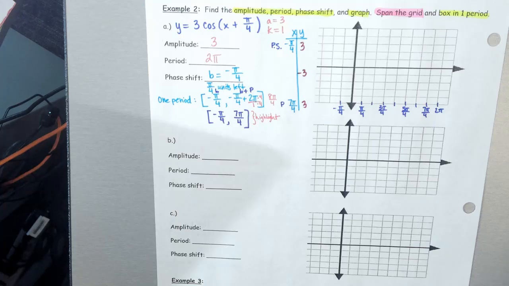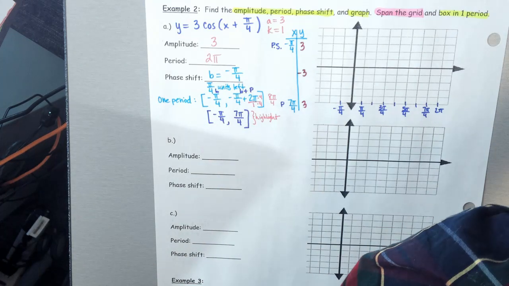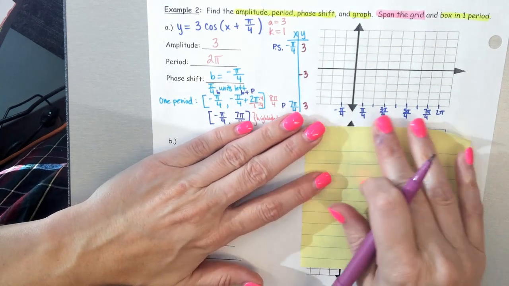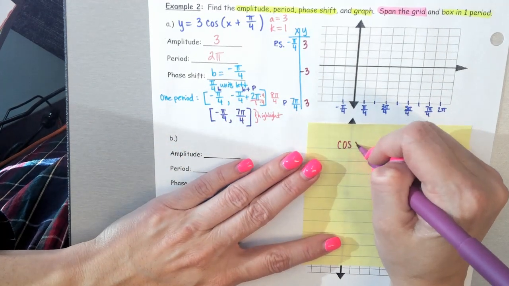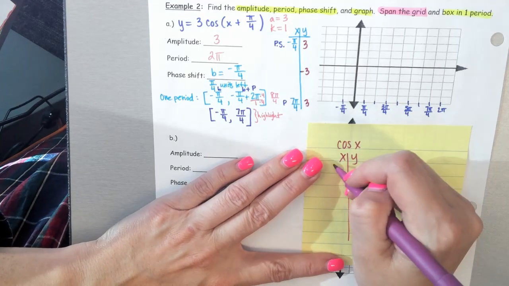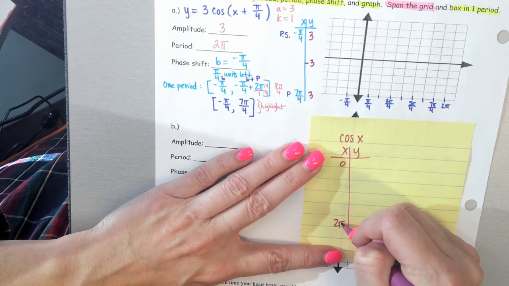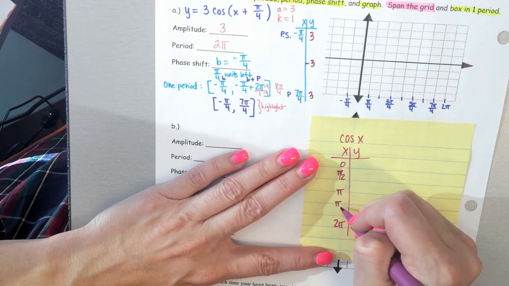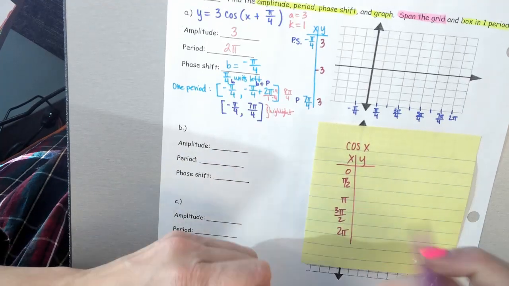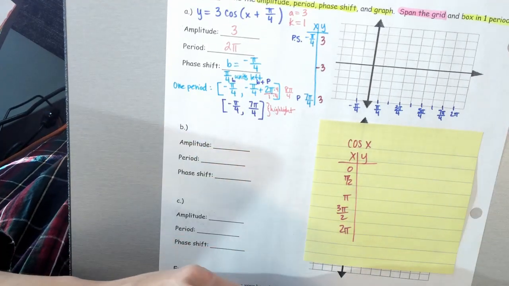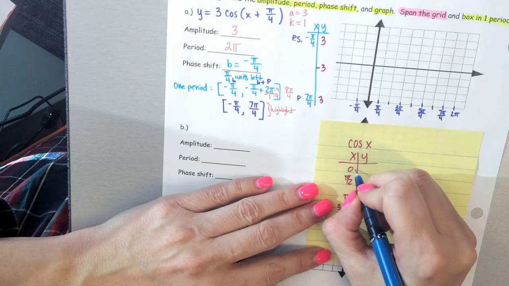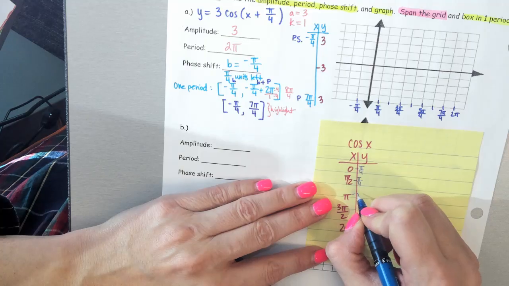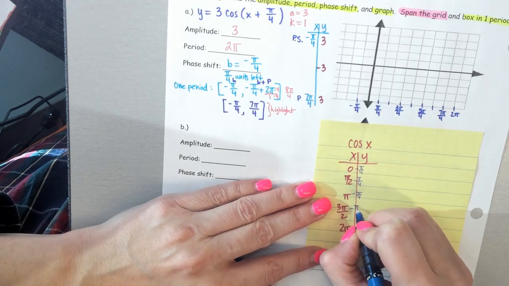Now, because this one has that same period as your cosine of x, the cosine period is your 2 pi, you really can just subtract pi over 4 from each one to find your new value.